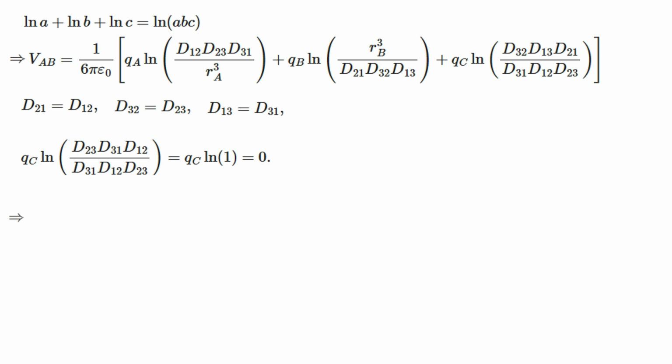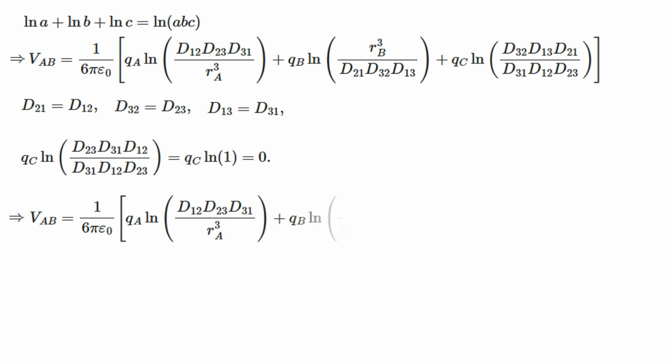Therefore, the final expression becomes VAB equals 1 divided by 6 pi epsilon 0 multiplied by within brackets QA multiplied by the natural logarithm of D12 into D23 into D31 divided by RA whole cube plus QB multiplied by the natural logarithm of RB whole cube divided by D12 into D23 into D31.